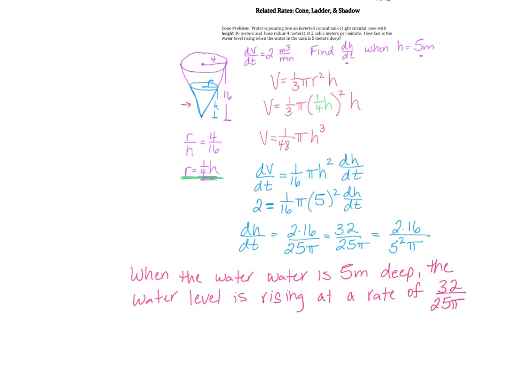What are the units? Well, what would you be measuring h in? That's the height of the water, so that would be meters. And the unit of time was in minutes, so meters per minute.